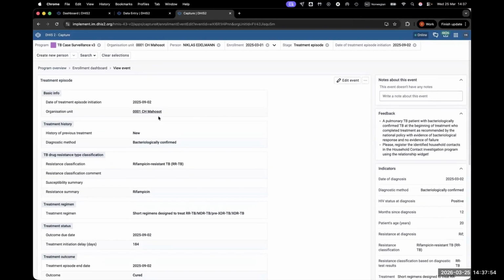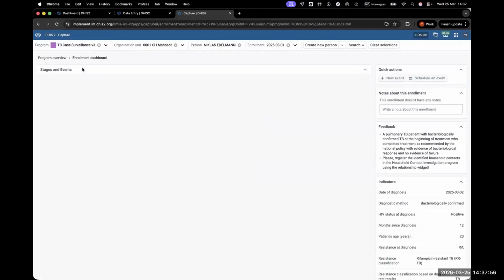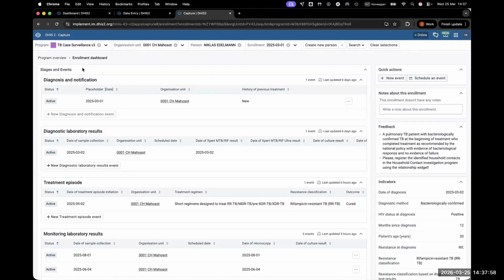Now, it is set up in a linear format, which will allow you to export the data basically as a register, in a register-based format, and that will also allow you to import data either manually or automatically from other platforms such as electronic medical records, laboratory management information systems, and so on and so forth.